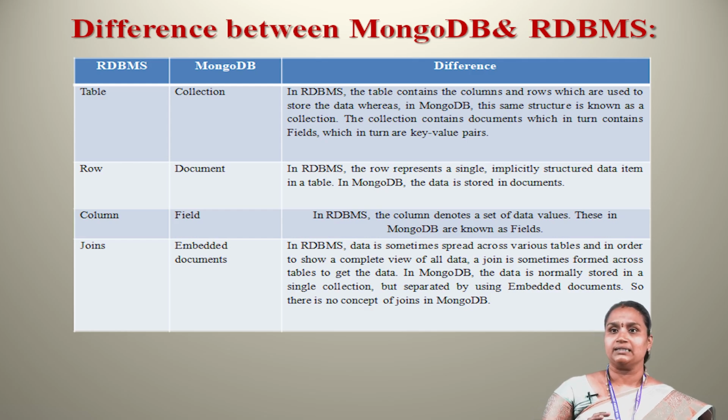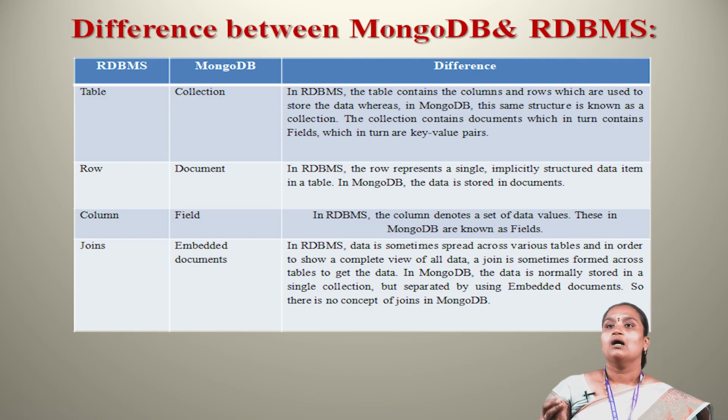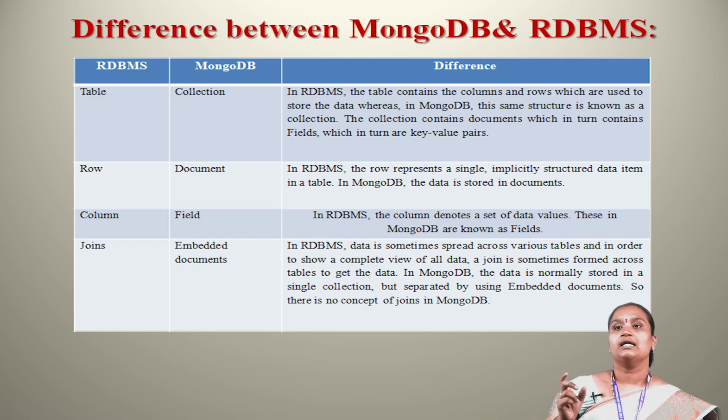The collection contains documents which in turn contain fields or key value pairs. The RDBMS has a row, MongoDB has a document. The row represents a single implicitly structured data item in the table. In MongoDB, the data is stored in a document.